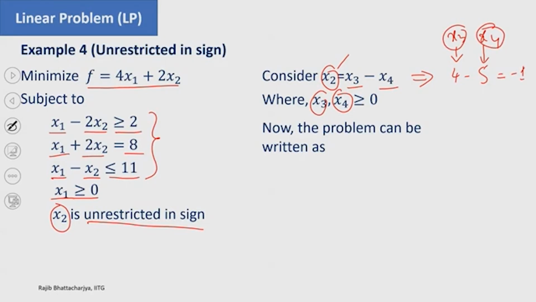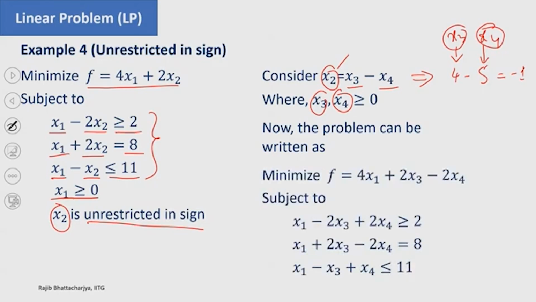Okay. Now, the problem can be written as follows. If I replace x2 = x3 - x4, then I can write f = 4x1 + 2x3 - 2x4. Similarly, the constraints can be written: x1 - 2x3 + 2x4 ≥ 2, then x1 + 2x3 - 2x4 = 8, x1 - x3 + x4 ≤ 11.